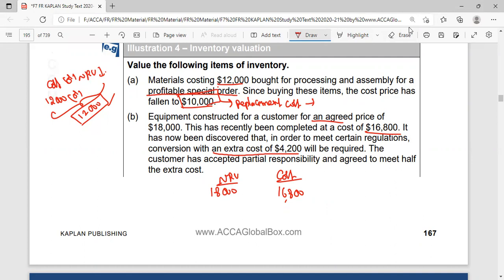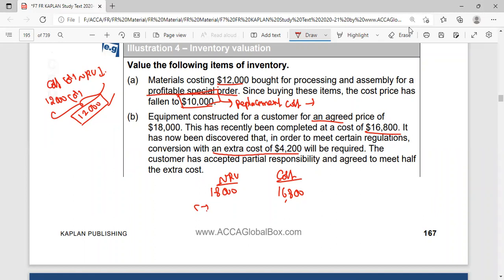We have to consider this while calculating the NRV, net realizable value. So the NRV is 18,000 minus the additional cost incurred to make the sale of the product, the estimated cost to make the sale, which is 4,200.